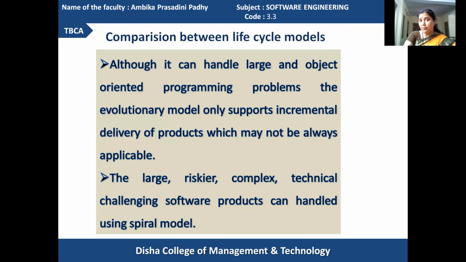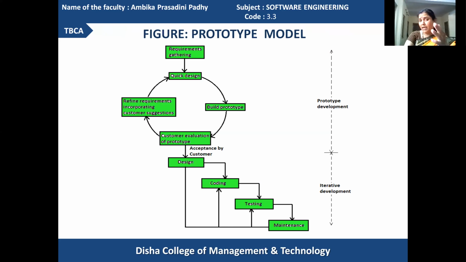When the prototype model comes, we have already seen this diagram prior. The requirements are collected, a quick design is prepared, we are building a prototype, then we are asking for the customer's feedback, whether the customer is highly satisfied with the system. If not, we refine the requirements according to the customer's dissatisfaction and rebuild the prototype by preparing a quick design again.